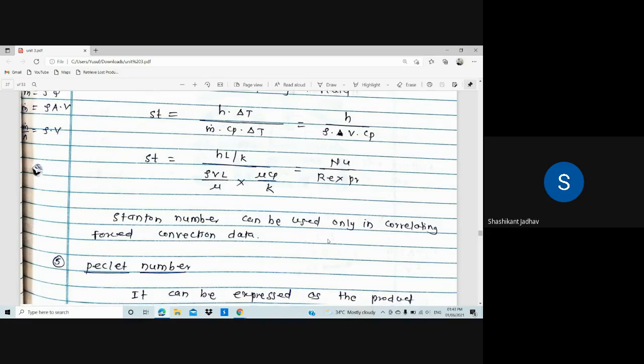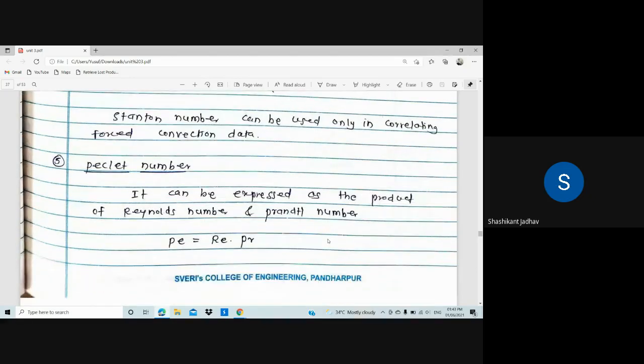Then write down the fifth dimensionless number, that is Peclet number. Write down the definition of the Peclet number.